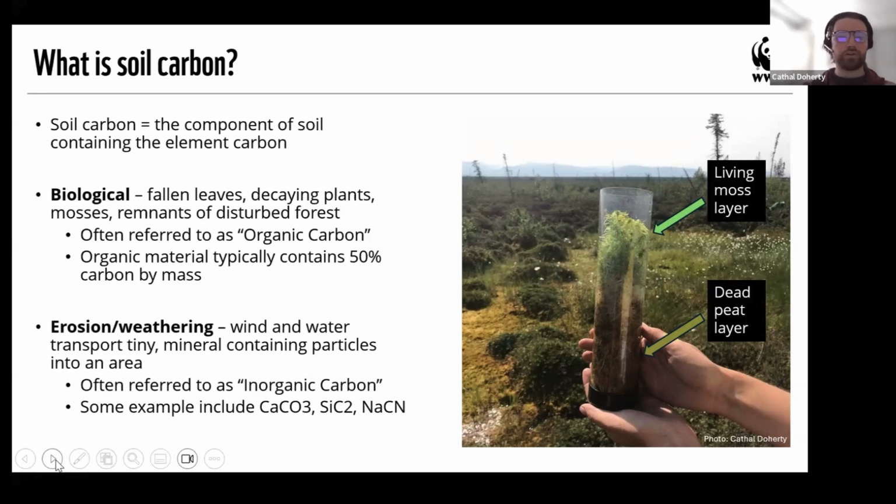Some examples are your carbonates, your carbides, and your cyanides. But I will note an exception in coastal ecosystems. A lot of the inorganic carbon originates from living organisms, specifically those animals that produce shells. So the shells can get washed up on shore and become part of the sediment as well.